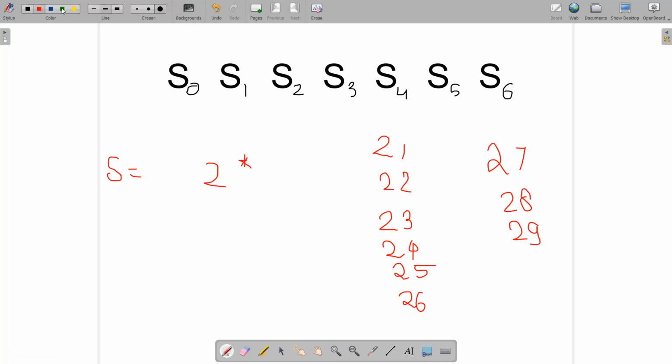Now what is the total number of ways to decode these strings? If it is 21, you can either consider the whole string, that is the complete string, or you can consider this as 2 and this as 1.